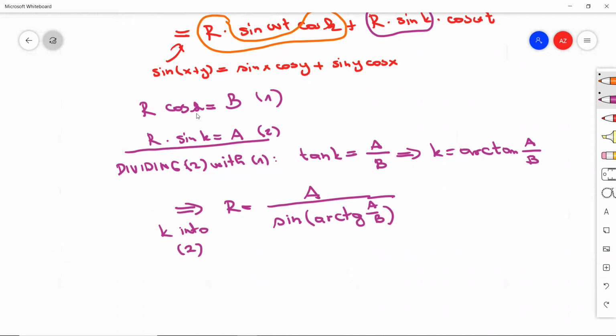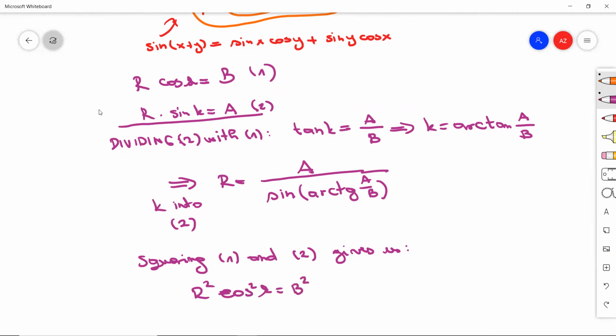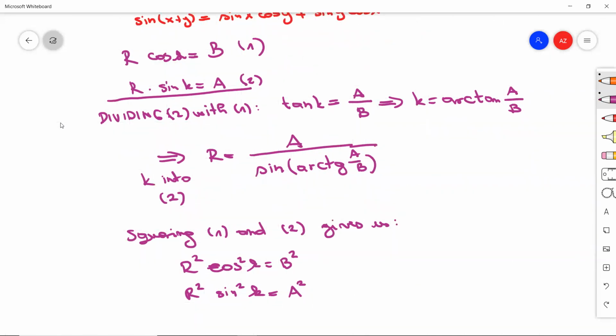So we can notice that if we square both of the equations, squaring 1 and 2 gives us r squared cosine squared k is equal to b squared, and r squared sine squared k is equal to a squared. And how can I get r squared now out of this?